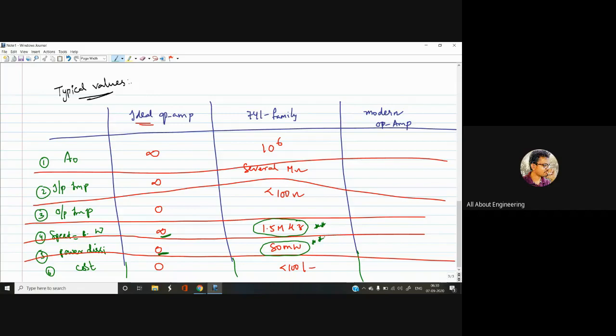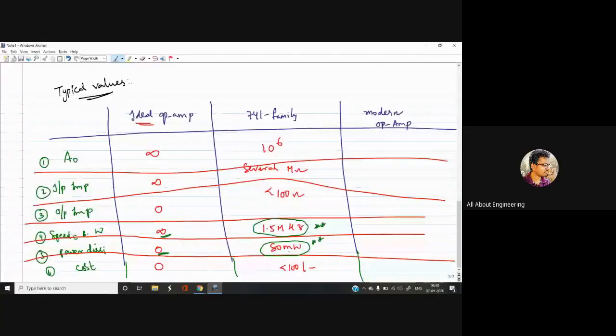Even though it's 80 milli, it is not such a small value, because thousands and thousands of such devices would be used in an integrated chip. So it's a huge headache for us to have such a huge amount of power dissipation. And the cost is also not fair. It is somewhat costly if you look. So these three are not good specifications for the 741 family op amp.